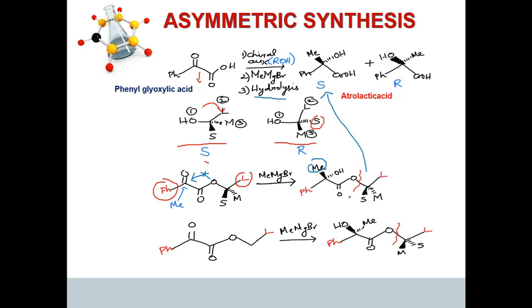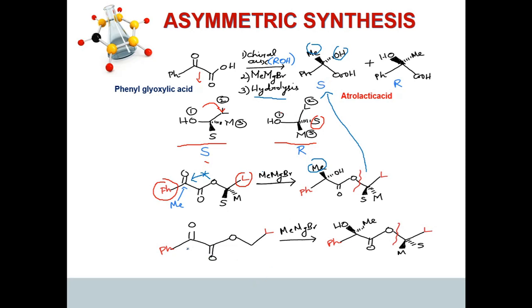You can see I have cleaved this bond, so I have my methyl group pointing towards me, my OH is moving away from me, so I end up with S atrolactic acid. Therefore I can be very sure that I can fix the configuration of my alcohol as S if I end up with S atrolactic acid.